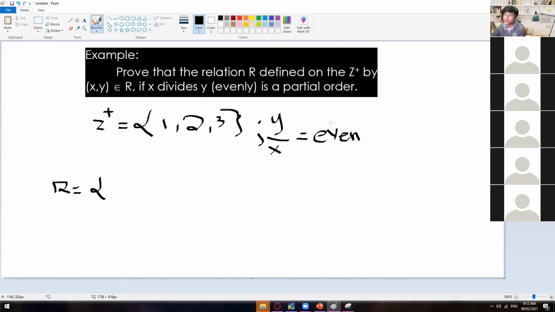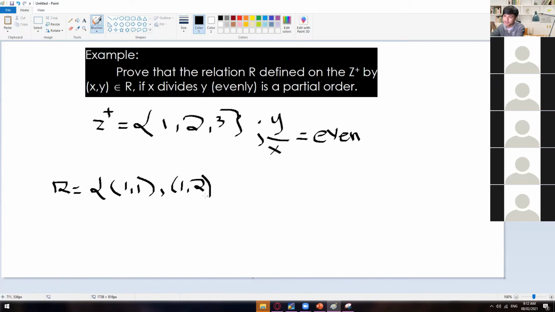So (1,2), is it a relation with regard to this condition? Can we start from (1,1)? Yes, sorry. So we can start with (1,1). As you can see, this one is already even. How about (1,2)?